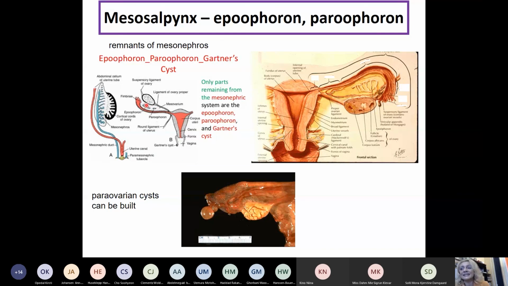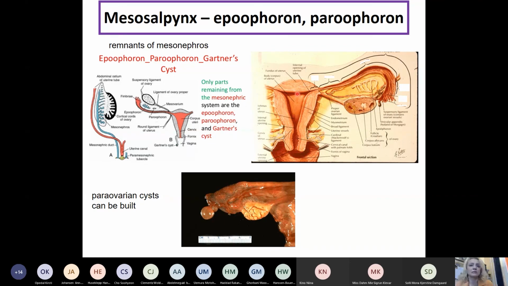And these rudimentary little ducts are called epoophoron and paroophoron ducts, which can be found here, embedded in the mesosalpinx, and you can see them in our slide.